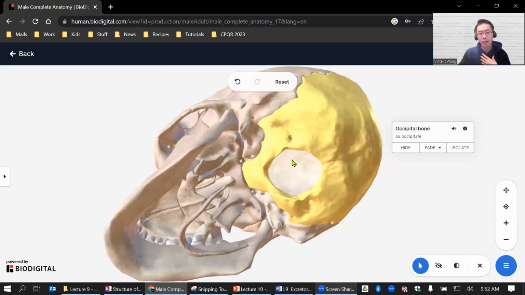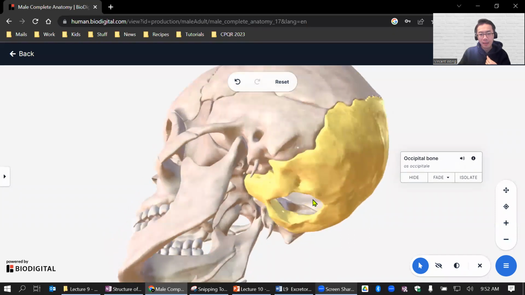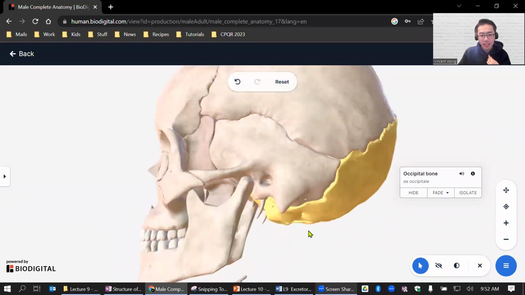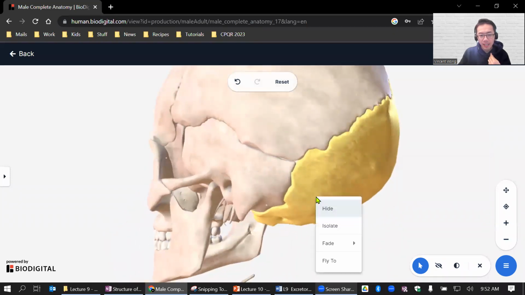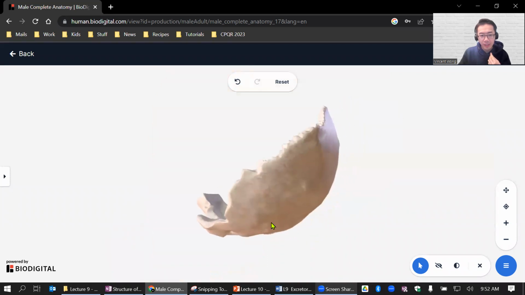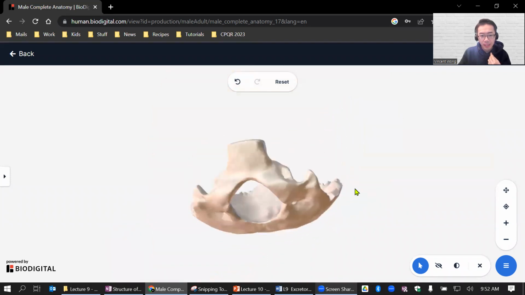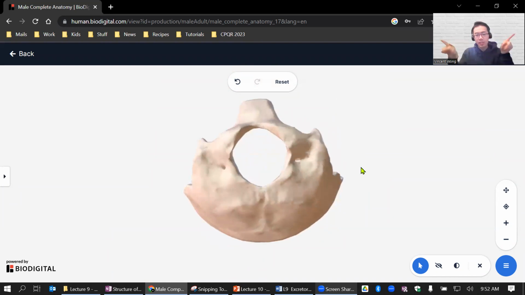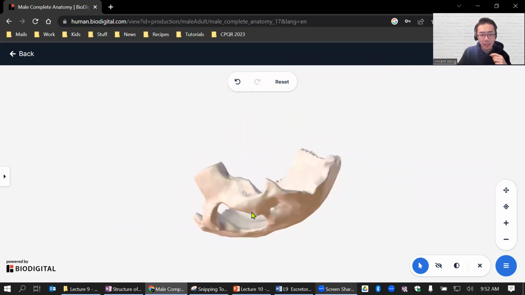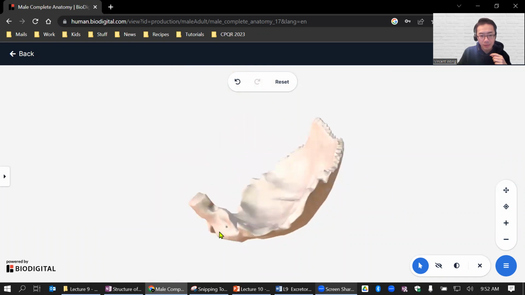M-A-G-N-U-M. Okay, foramen magnum. Now, I don't know if you can see this here. Let me see if I can isolate this. There we go. On the lateral side of the foramen magnum, you see these little semicircle knobs, right?